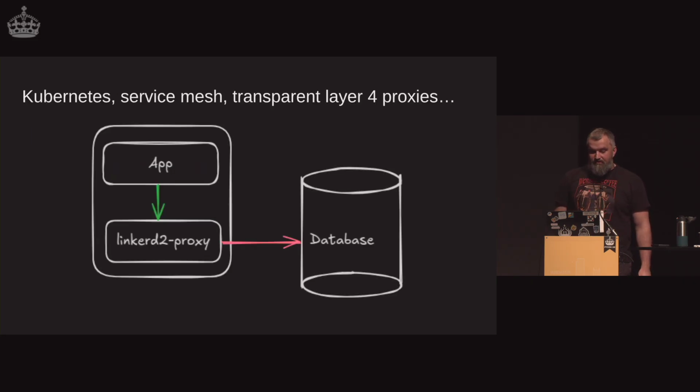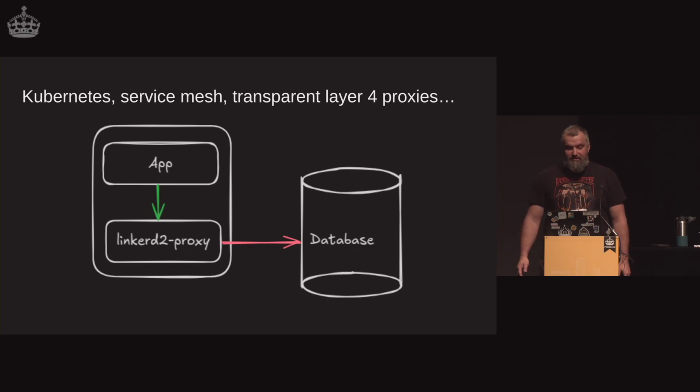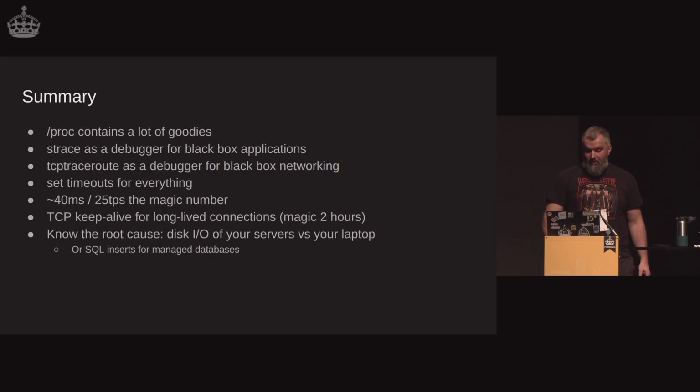And it all works fine until your Kubernetes team decides to install something like linkerd proxy, a service mesh, which intercepts your connection, and so the TCP keep alive works between your application and linkerd proxy, but it is lost between the linkerd proxy and the database. And yeah, so that's it.